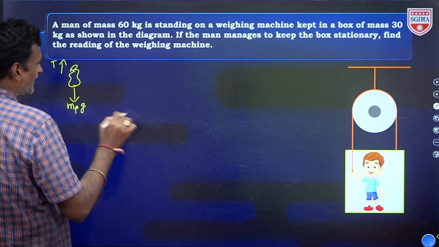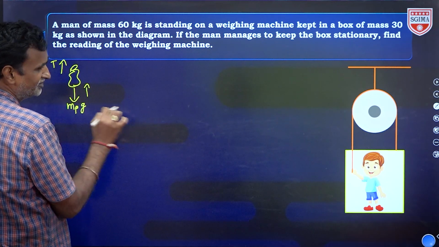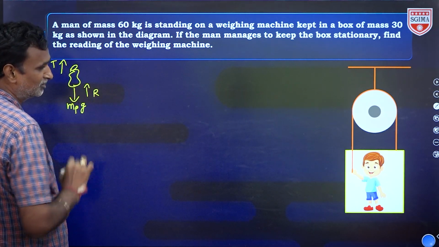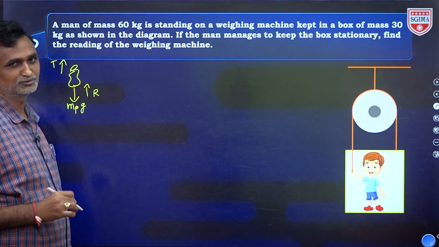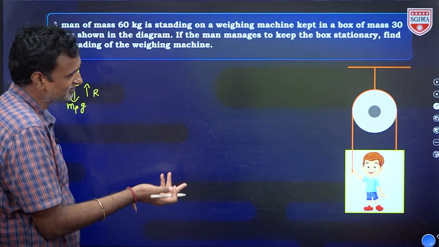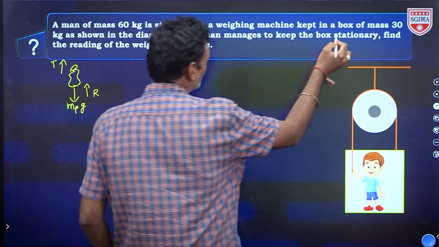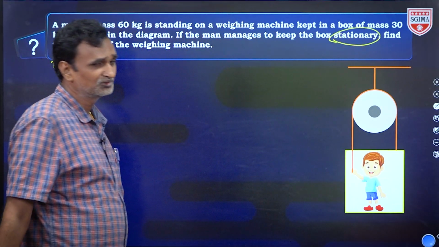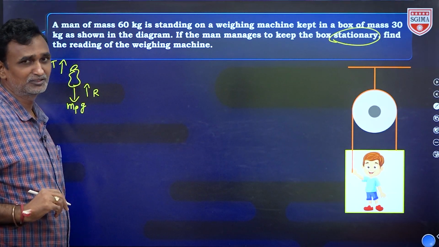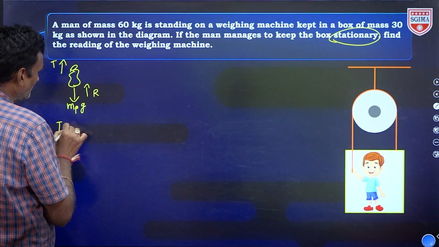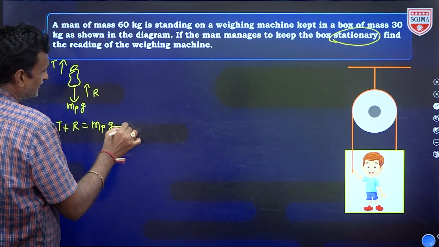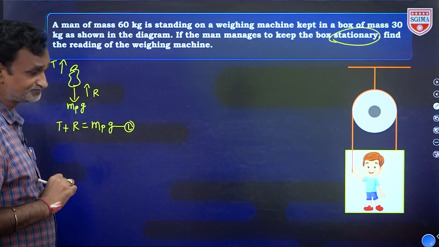And the reaction force by the weighing machine, or contact with the weighing machine, that is R upward. Actually R we need to find out. And it is not going anywhere, it manages to keep stationary, they said. So acceleration 0 means total upward force equals total downward force. So we can write T plus R equals mass of person into g, equation 1.